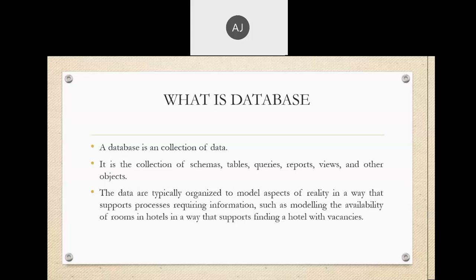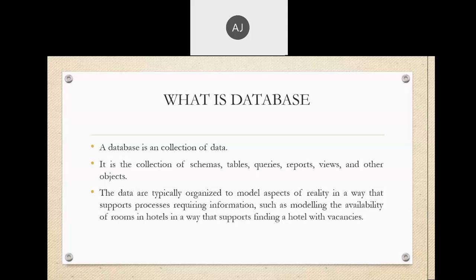A database is nothing but a collection of data, and here I give the example: such a model can check the availability of rooms in a hotel, so we can find out how many vacancies there are, how many empty rooms there are.